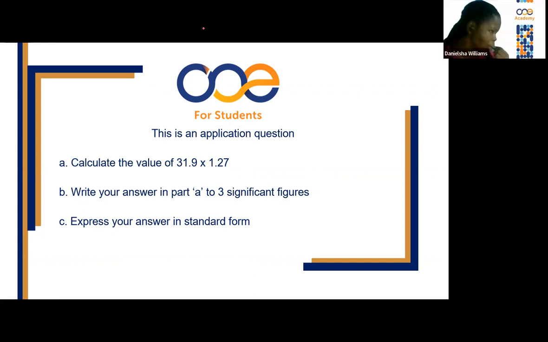All right, thank you, Ophelia. I'm seeing your responses. All right, so let us go through together. For the first one, we have 31.9 multiplied by 1.27.